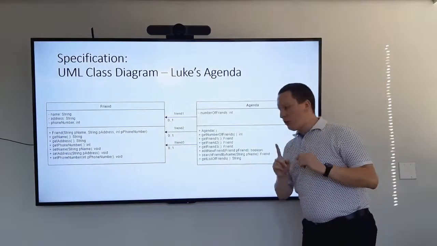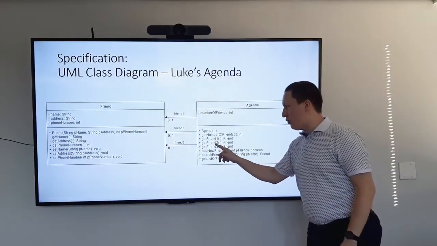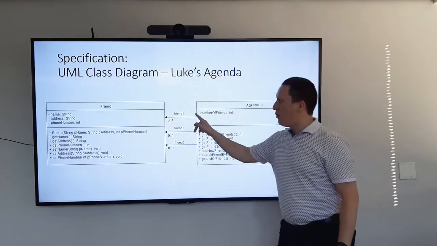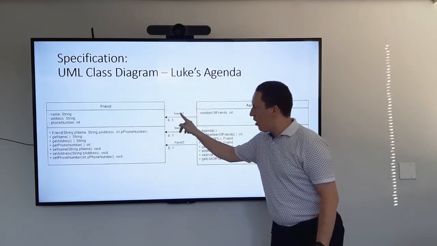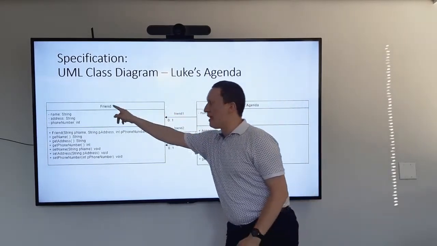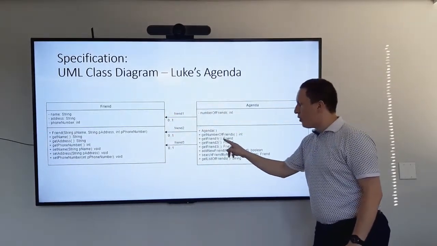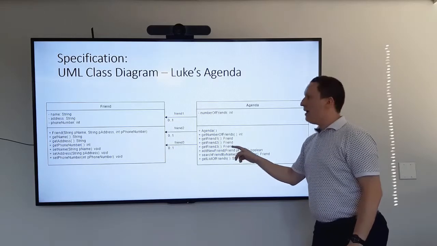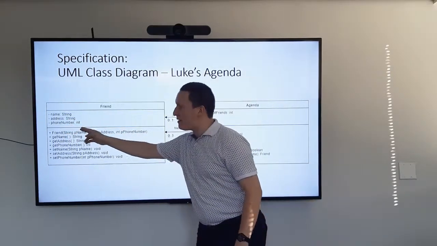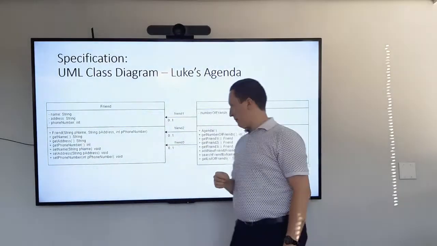But get friend 1, get friend 2, and get friend 3 return elements of type friend. So we are returning objects of the type friend, which means that the returned element is going to have a name, an address, a phone number, and a set of responsibilities.